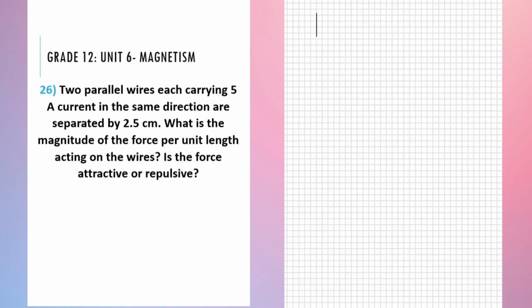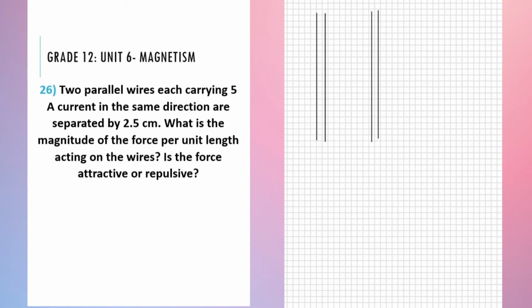So first, let's draw out these two wires. We have one wire here, and we have another wire parallel to it. These two wires are both, okay, it looks like one is thinner than the other, but assume that both are equal.